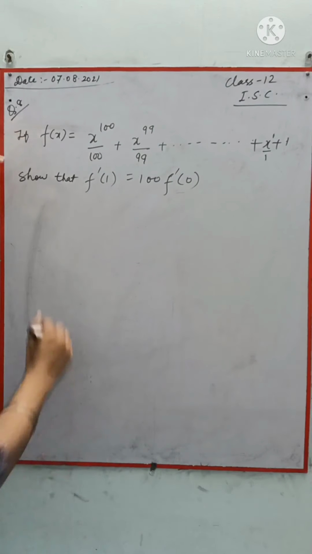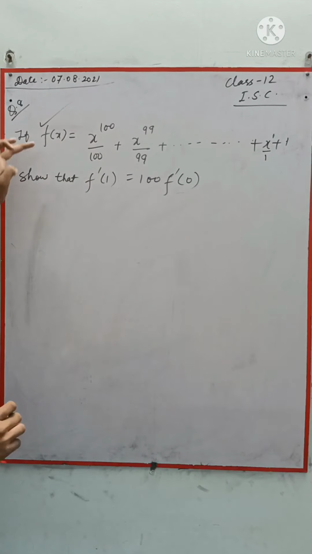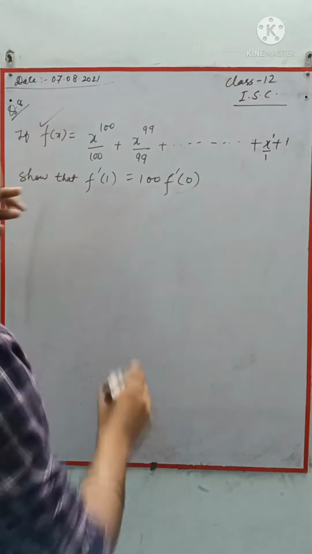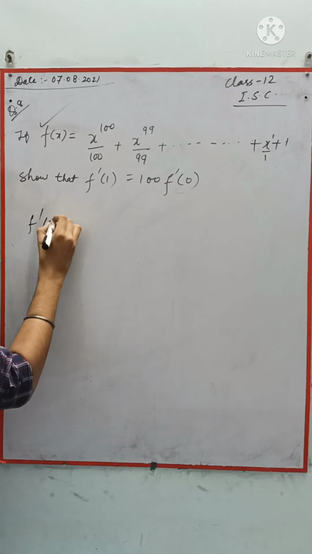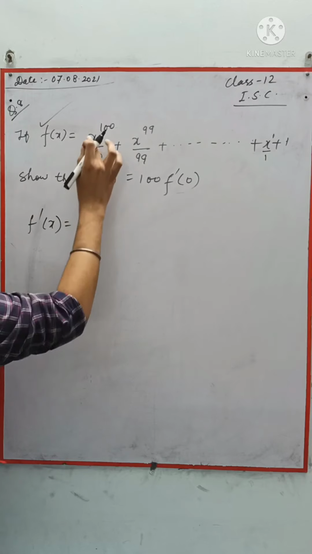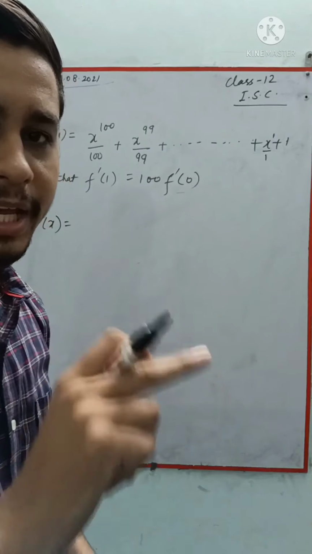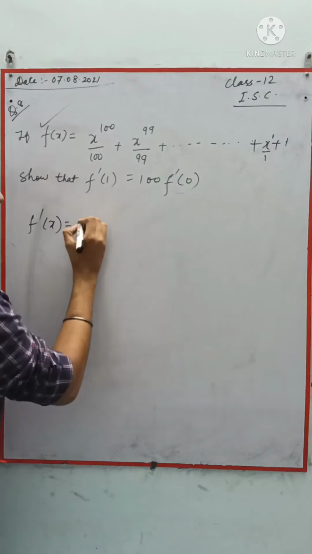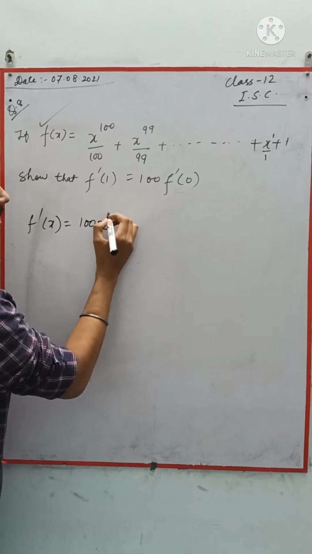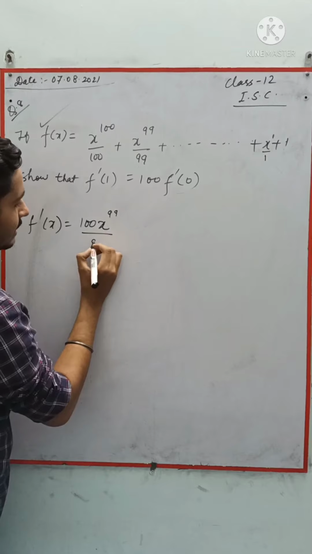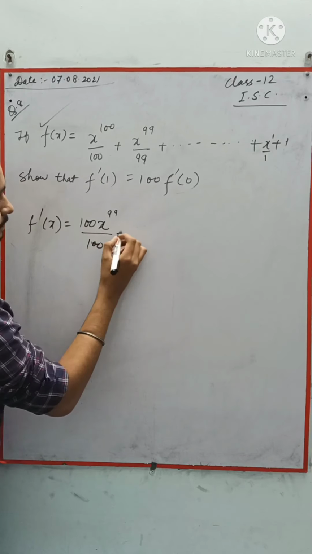So differentiating, let's differentiate this series. So it will be f dash x equal to x to the power 100. What will be the differentiation of x to the power n? n x to the power n minus 1. So 100 x to the power 99 upon 100.